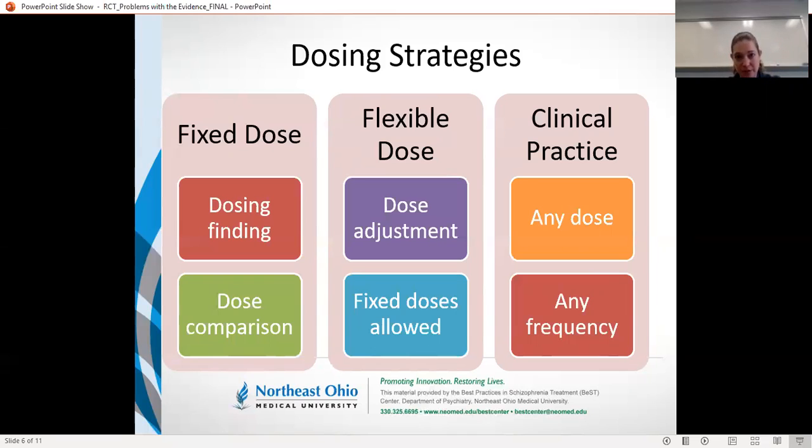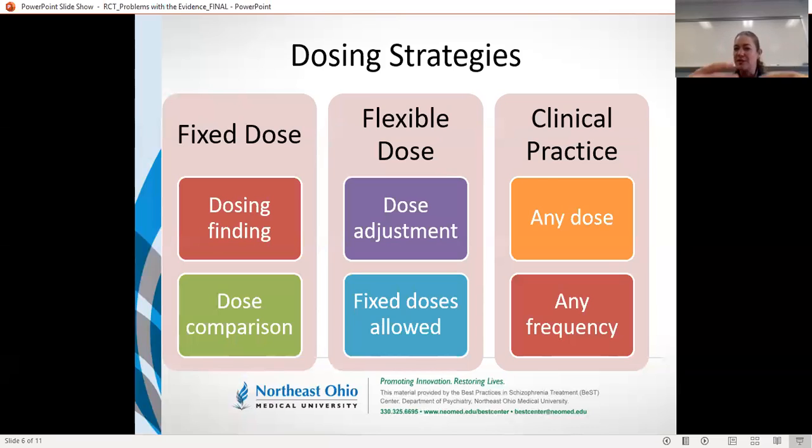With the flexible doses, the trials will allow for some degree of dose adjustment. So in some cases, it's titration up to look at tolerability or to try to get additional efficacy. In other cases, it may be where we want you on a particular dose for a certain period of time, and then we're going to ask to reduce it to see if that efficacy maintains or if we see differences in the adverse effect profile.